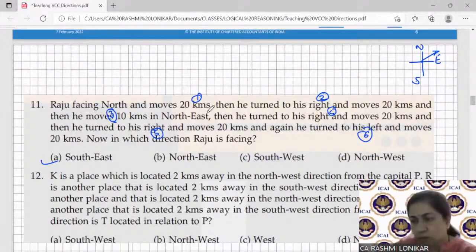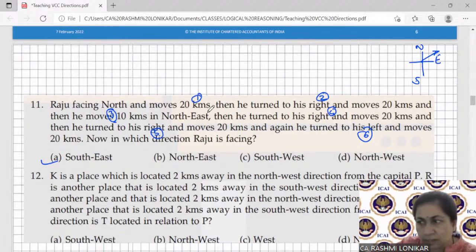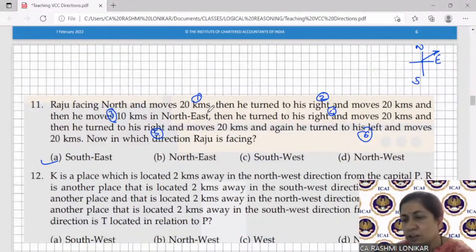Then he's turning to his right, moving 20 kilometers. And then he moves 10 kilometers to the northeast. So he's moving like this. Then he turns to the right and moves 20 kilometers. Then again to the right, 20 kilometers. And then to his left and moves 20 kilometers.